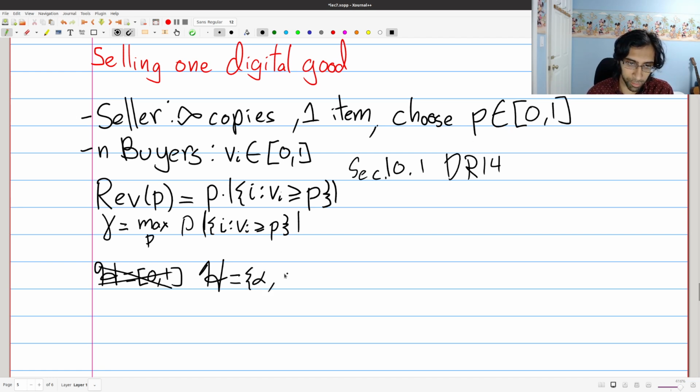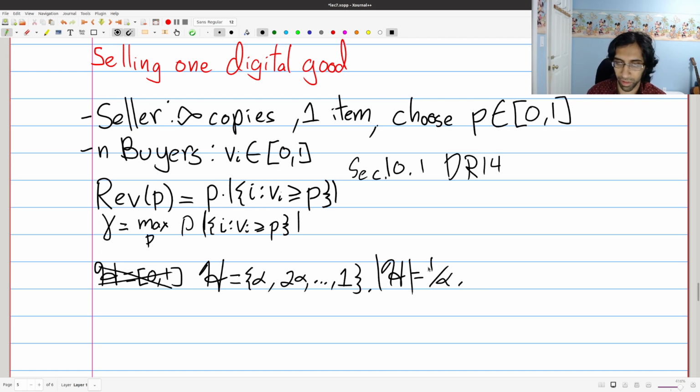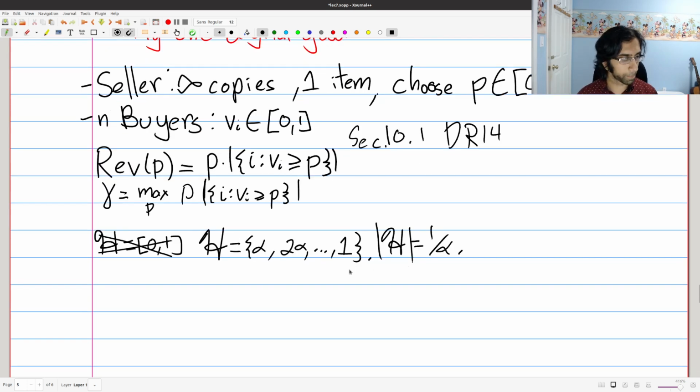We'll consider the set of points alpha, 2 alpha, all the way up to 1, where alpha is some parameter which we're going to set later. Importantly, we go from the size of H being infinite to the size of H being 1 over alpha. That's relatively small, depending on what alpha is.